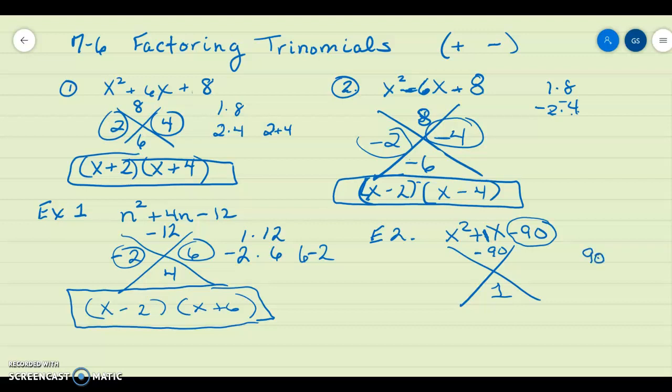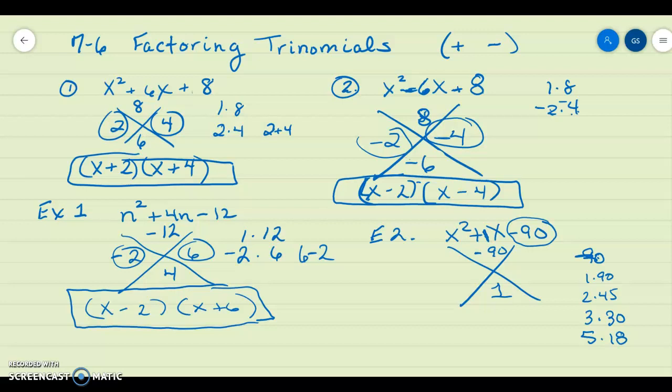Okay, so, oh my gosh, factors of 90. 1 times 90, 2 times 45. And I'm just thinking in my head, is 90 and 1 ever going to give you a 1? No. Is 45 and 2 ever going to give you a 1 if you add or subtract? No way. All right, 3 times 30, which if I add or subtract, I will not get a 1. 4 times nothing. 5 times 18.